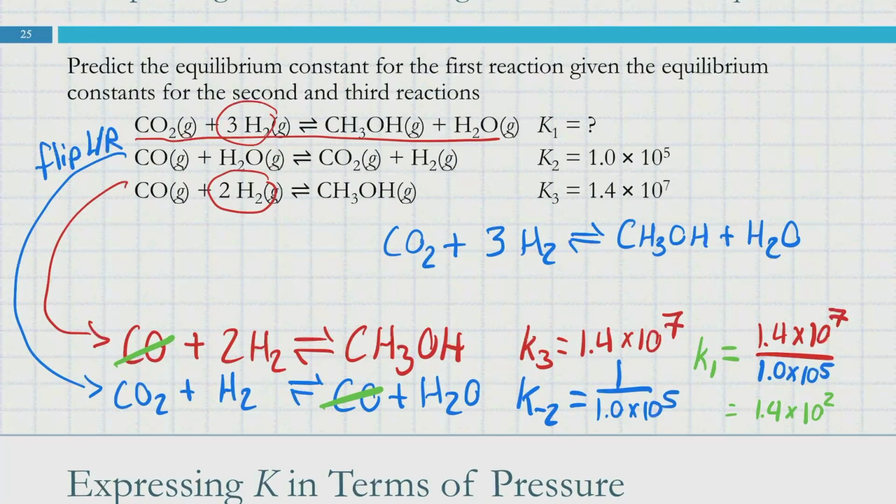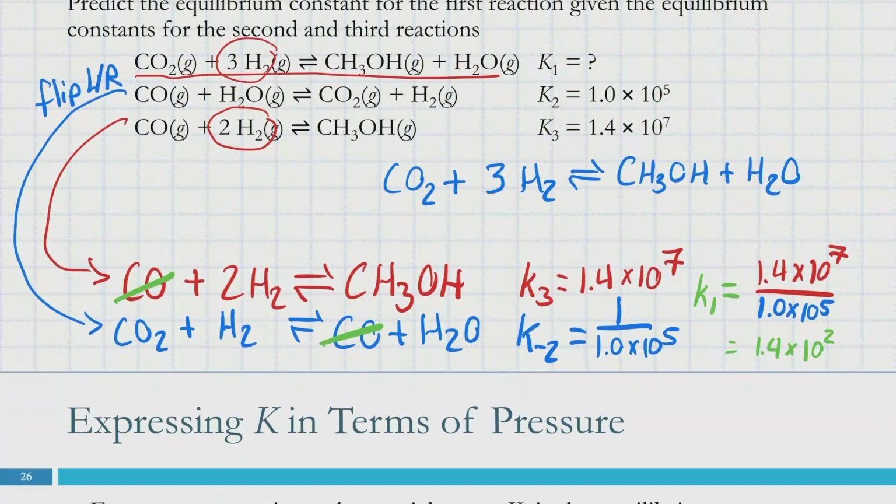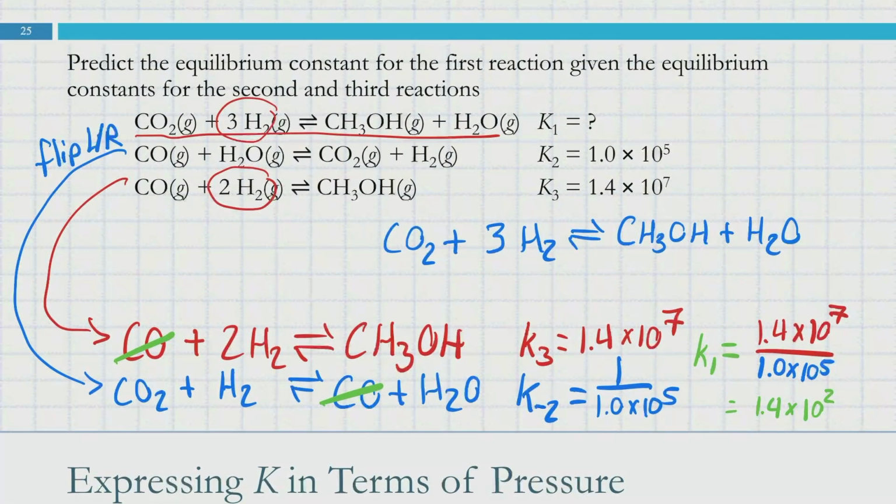So that's some of our fun rules in action. Are you dividing them because the K negative 2 goes to the top, or how did that work? So the K minus 2, it's 1 over 1 times 10 to the 5. Okay. There's the 1.